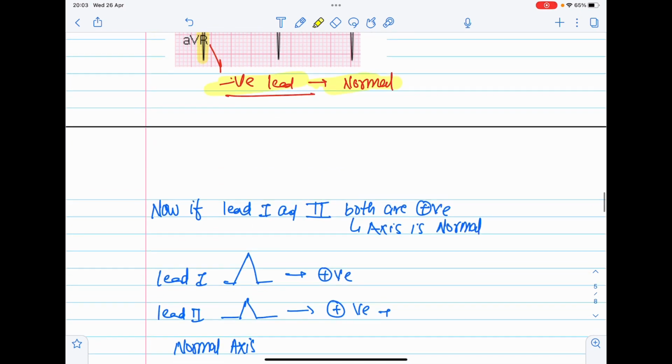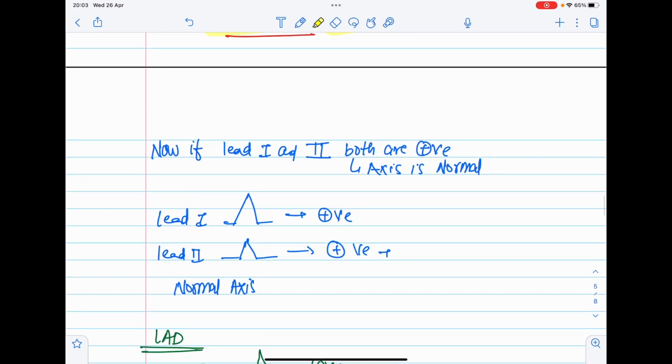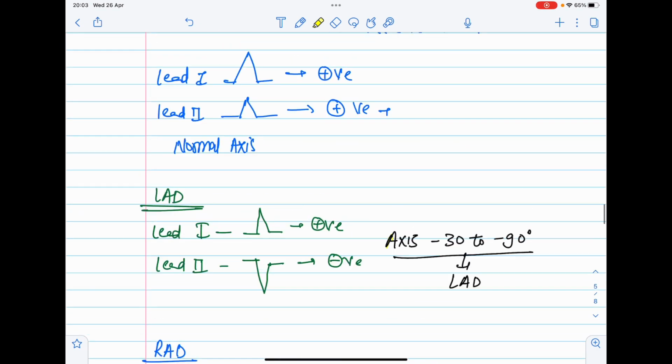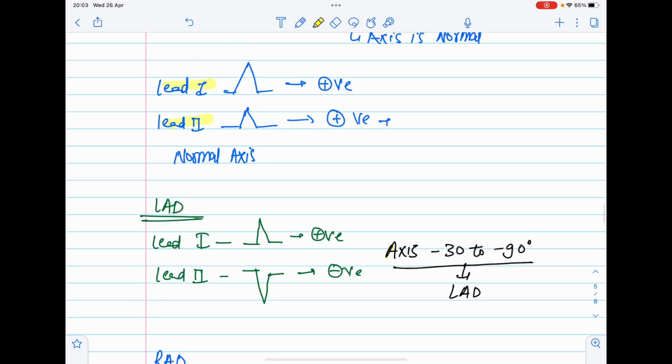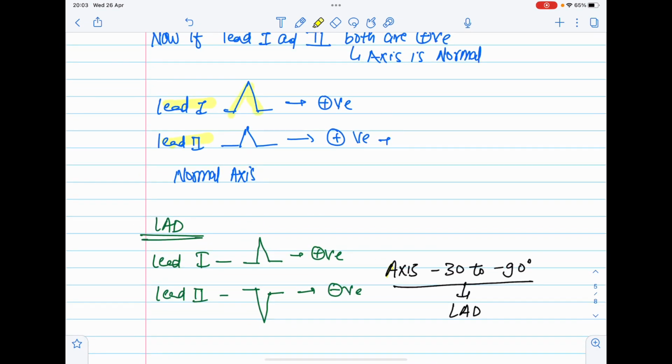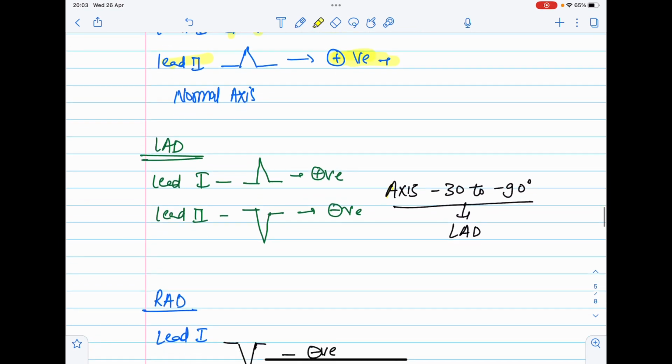Now go for the axis deviation. What kind of axis deviation is there? For that, you just need to see lead 1 and lead 2. Normally, lead 1 should be positive and lead 2 will be positive too. So in normal axis, lead 1 and lead 2 both should be positive. We can say it is normal axis. For left axis deviation, you just need to focus on lead 2.